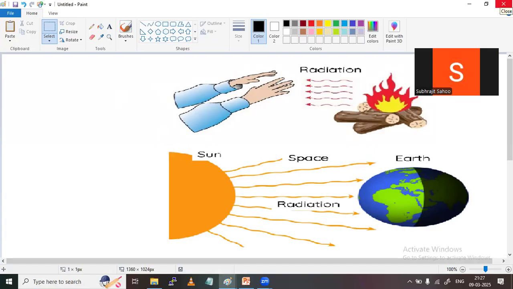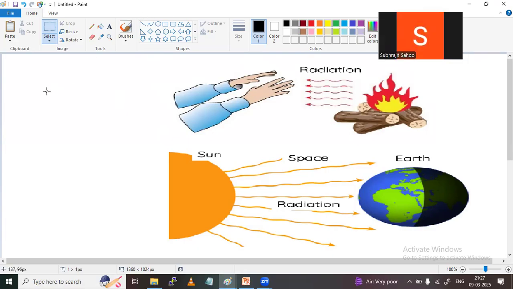Sir, in this particular image, something is burning, right? Some hot waves are coming from the source. Generally, there are three modes of heat transfer: conduction, convection, and radiation. Everybody knows.